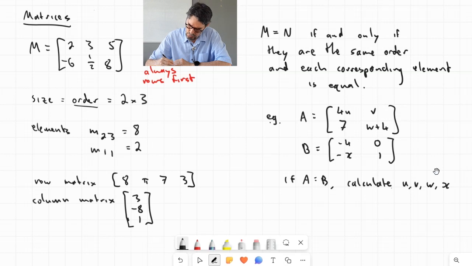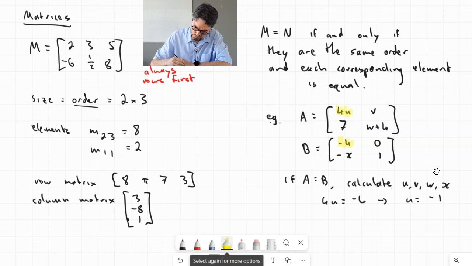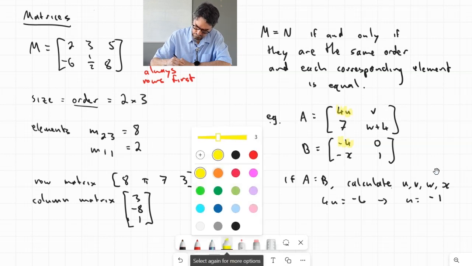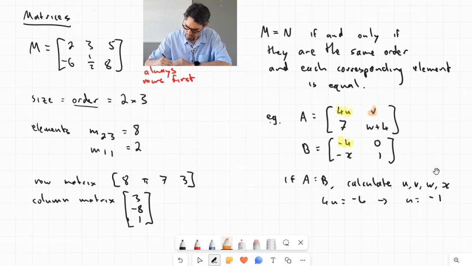So then you go, well, if the 2 matrices are equal, then that means 4U must equal negative 4, which means that U must be negative 1. Likewise, V must equal 0. That one was pretty easy, wasn't it? V equals 0. What else do I know? Third element, 7 must equal negative x.